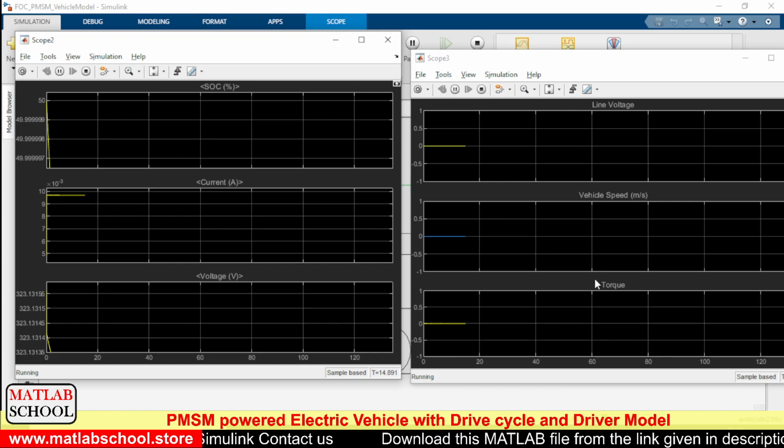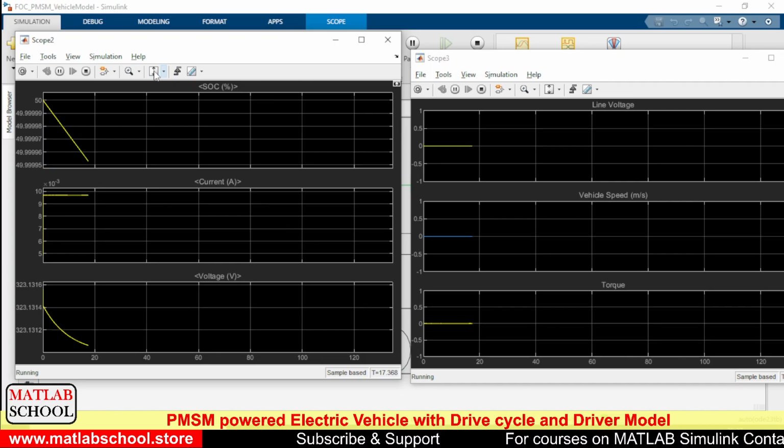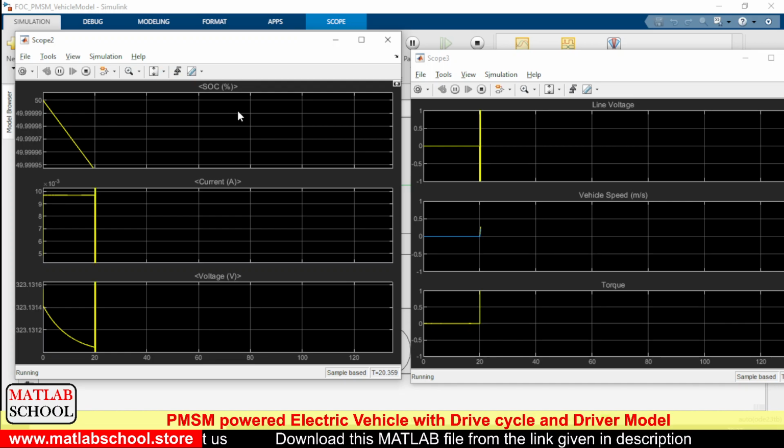The torque will be in terms of Newton meter. So it will take a while for the vehicle to start. Yes, the vehicle has started to move.